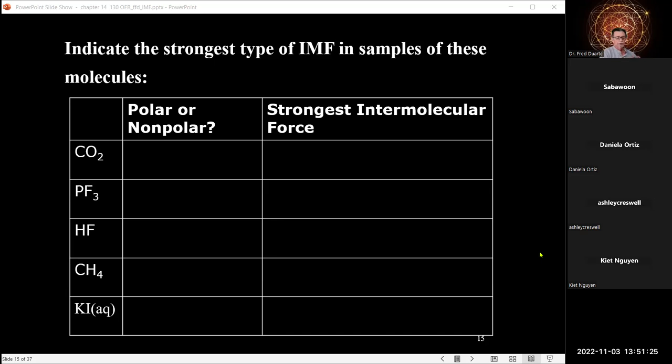This is where you're given a molecule, you're given the formula, and what you need to do is determine, is it polar or nonpolar? You may recognize that it is polar or nonpolar based on what we talked about, or it could be a brand new compound.